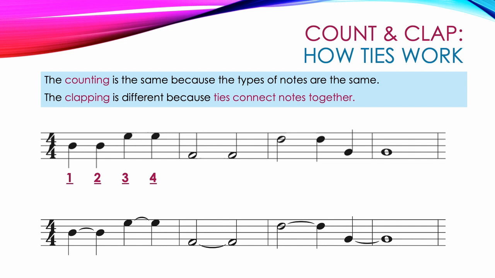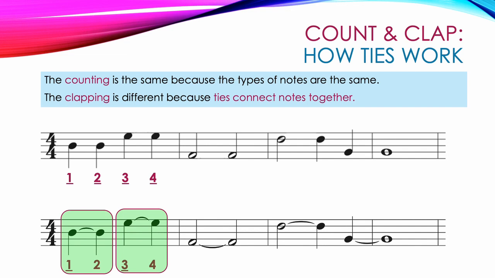So we clap on count 1, keep our hands together, and count out loud for count 2. 1, 2. The next two notes work the same way. We clap on count 3 because it's the start of the note, keep our hands together because it's tied to the next note. 3, 4.